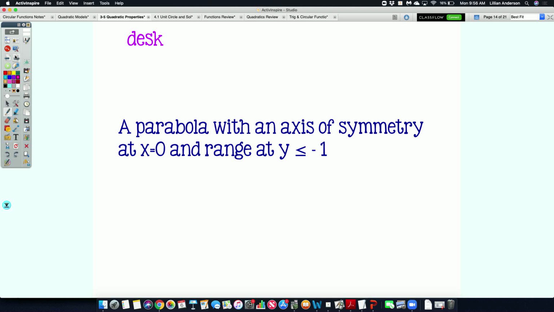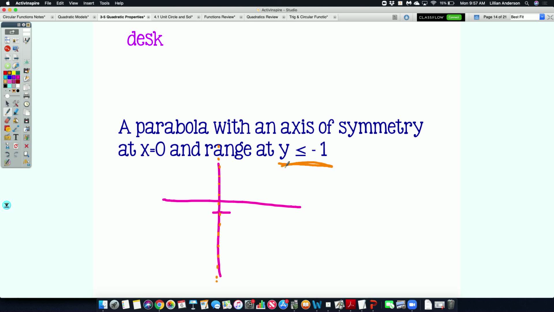We have a parabola with an axis of symmetry at x equals 0, and a range of y less than or equal to -1. I want you to sketch this. Does this parabola open up or down? Down. Where's the vertex? 0, -1. And you knew that because you had an axis of symmetry at x equals 0, so that means it had to be on the y-axis.